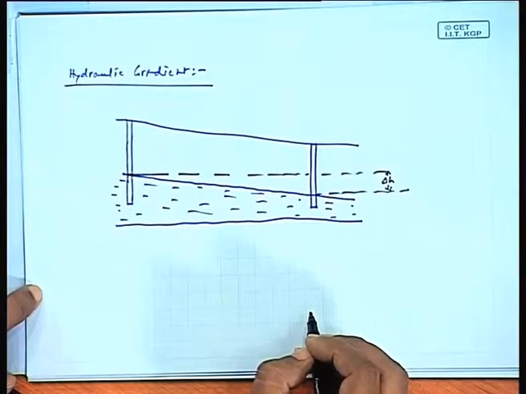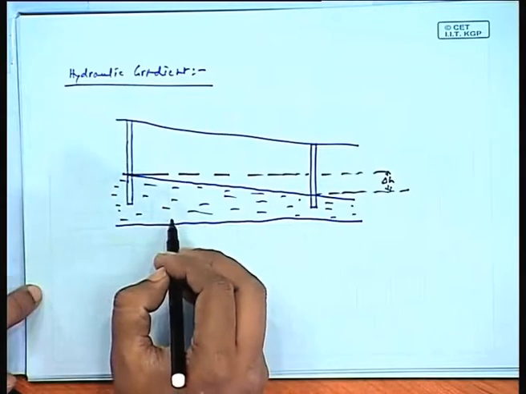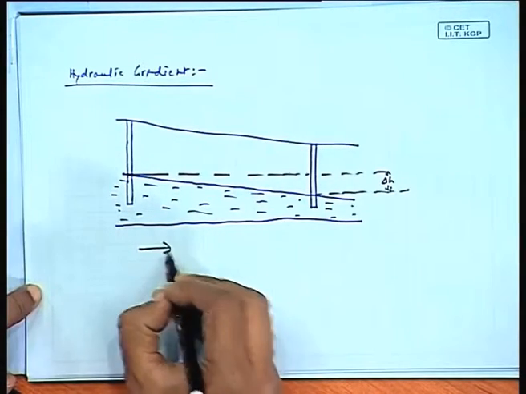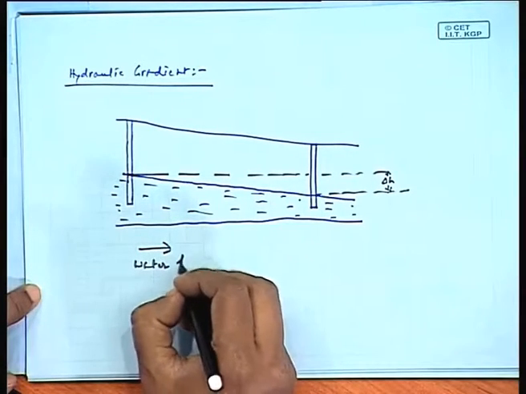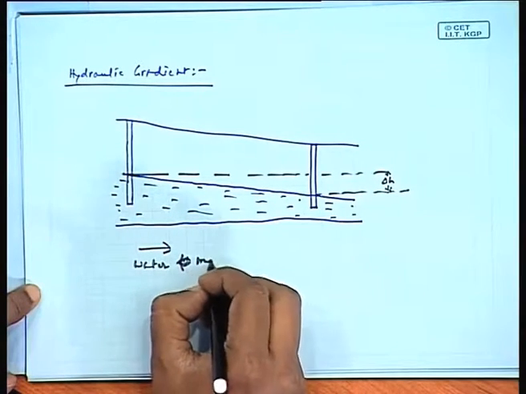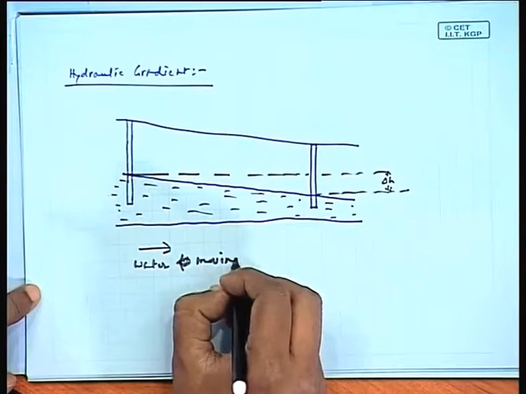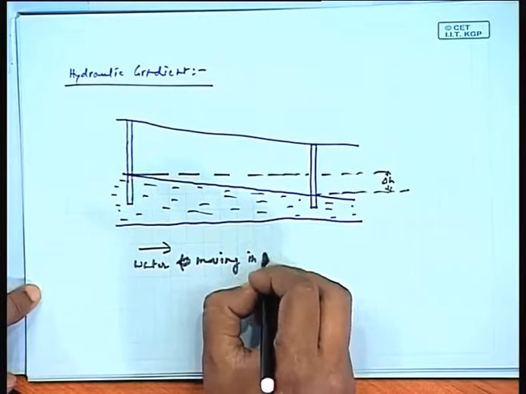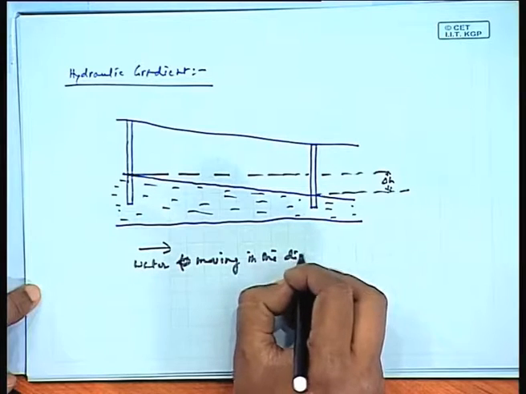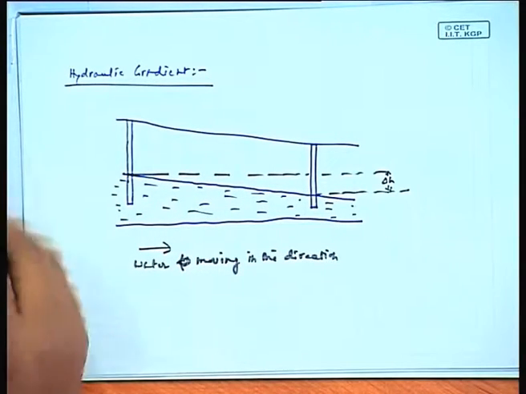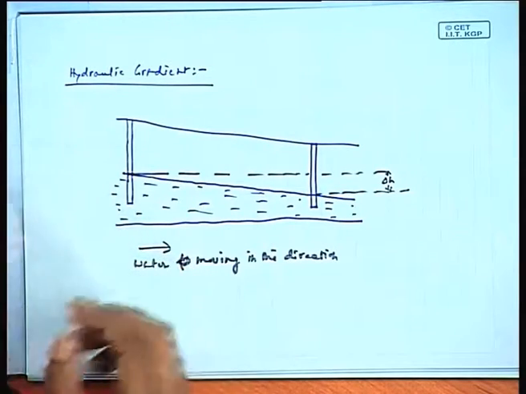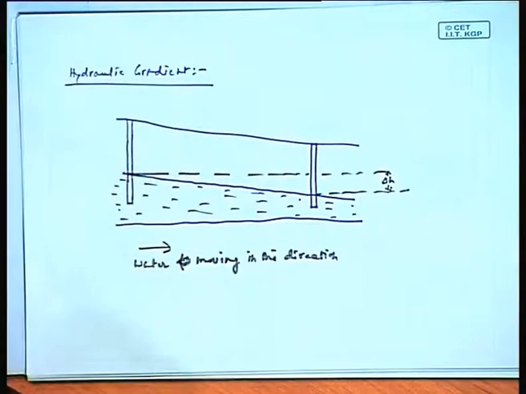What I am trying to say is the water flowing in this direction, water moving, we should not write flowing, water moving in the direction. So as we observe here, water moving in this direction.